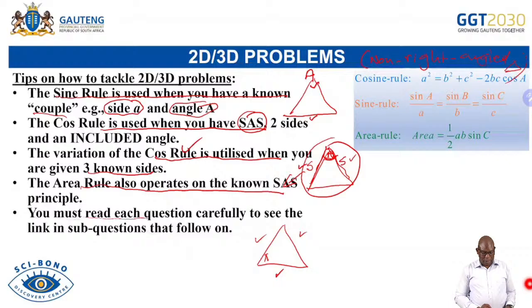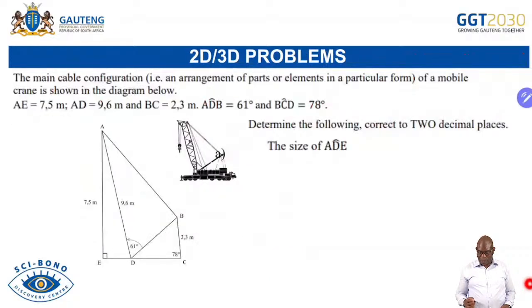You must first read the question carefully to see the link between the subsections and follow on. The challenge with these questions is that the answer you get in the first question, you must also use in the second question. There's the challenge. Now, let's look at the questions.